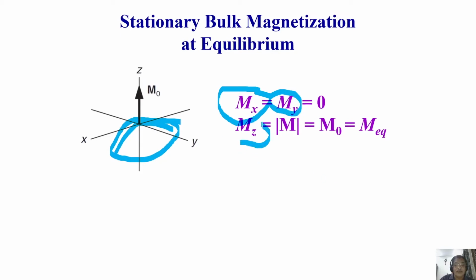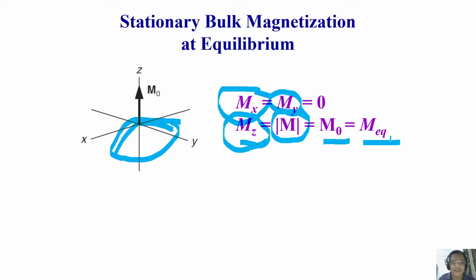So this is also called Mz magnetization because the x and y components are zero. And the magnitude of this magnetization, which is called M0, is also called equilibrium magnetization. All these are nomenclatures, terminologies.